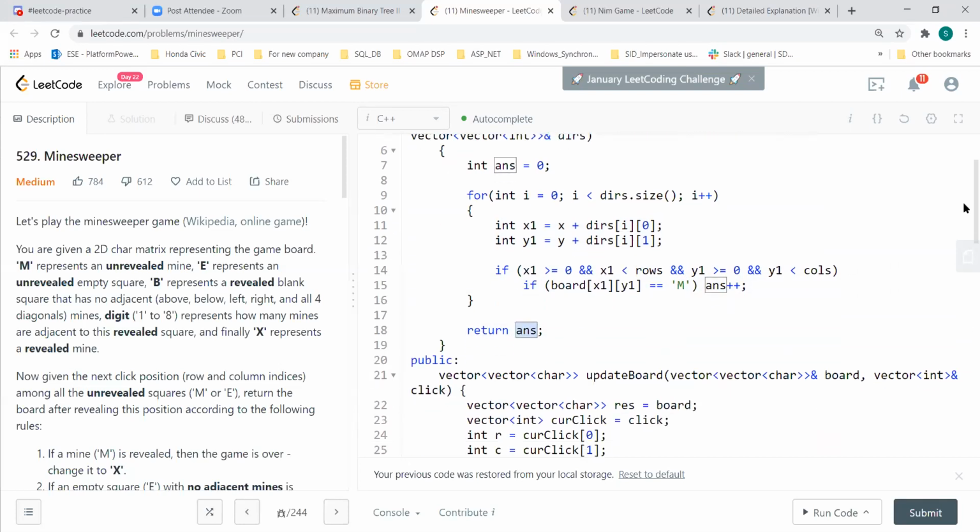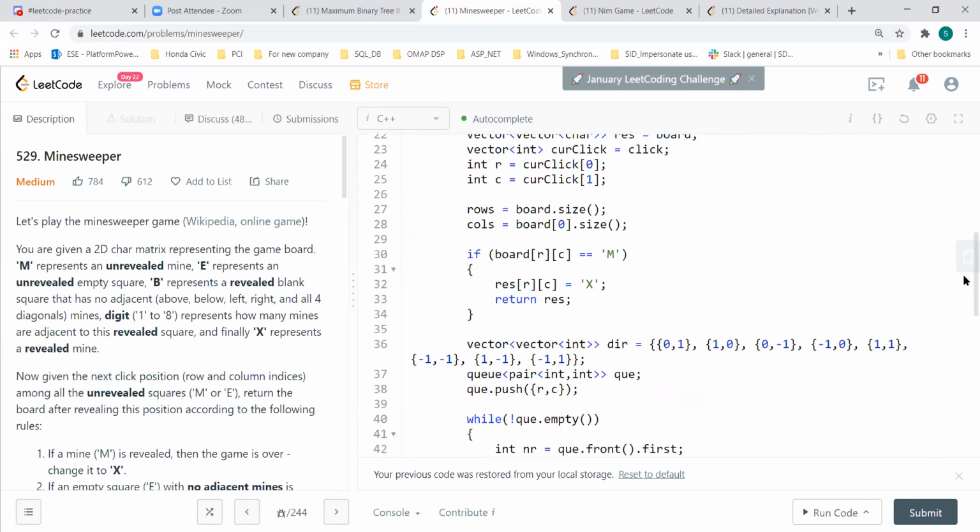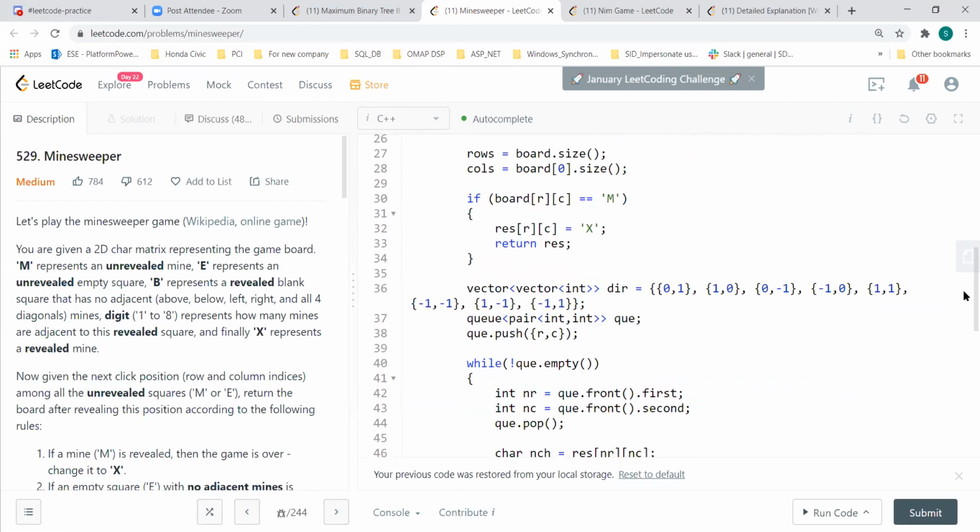It is very simple, nothing big, very straightforward. I did a BFS, but I think people have done a DFS, and that is also very easy. True.